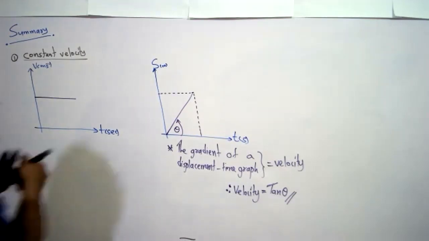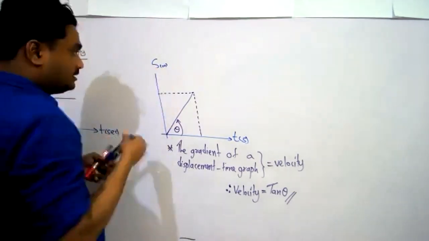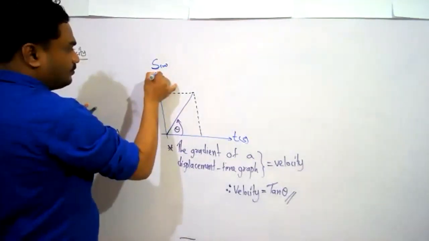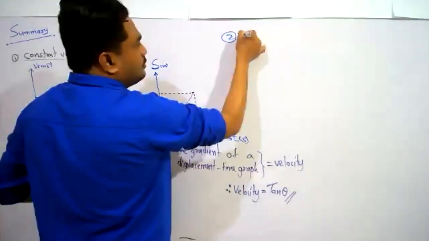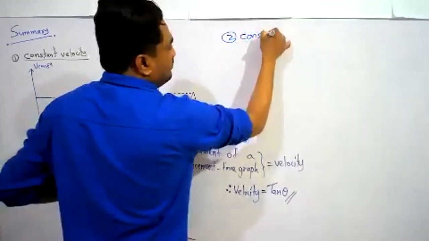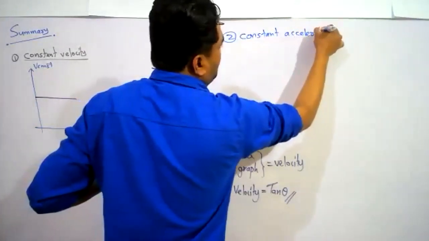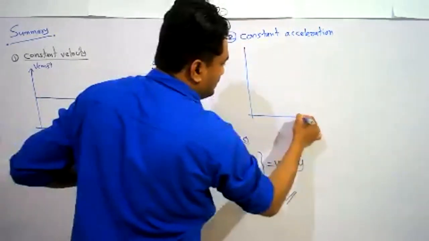Here, S for displacement. We have used the letter S for displacement. The second kind of thing is constant acceleration. How do we represent constant acceleration in a velocity time graph?